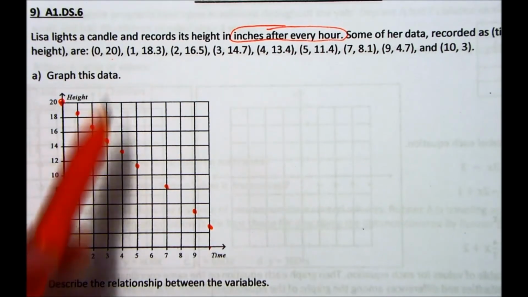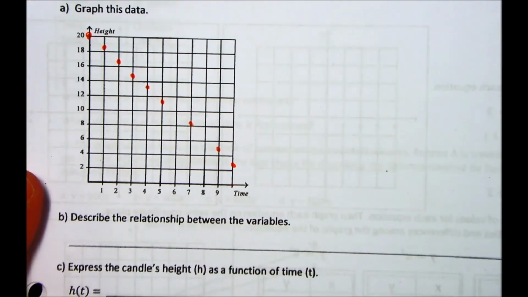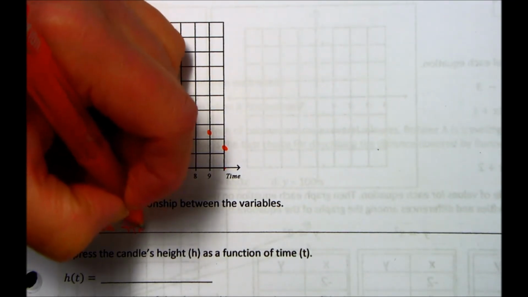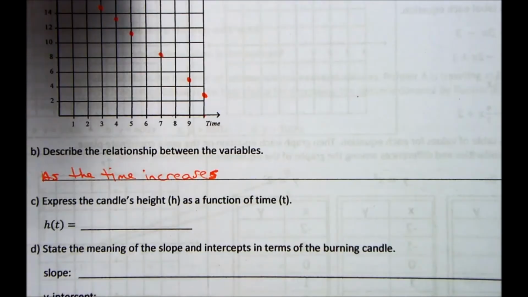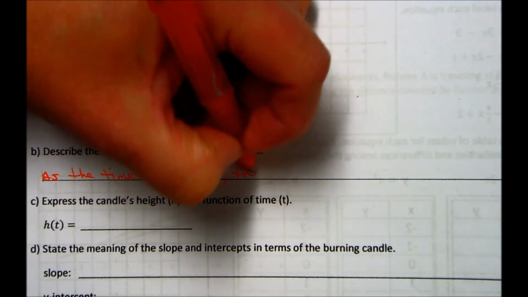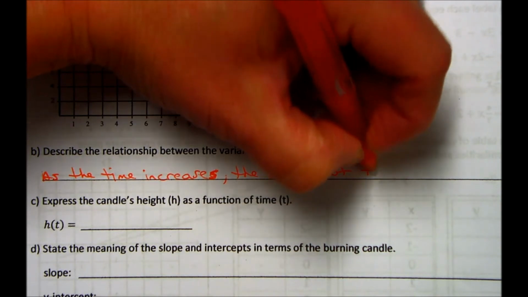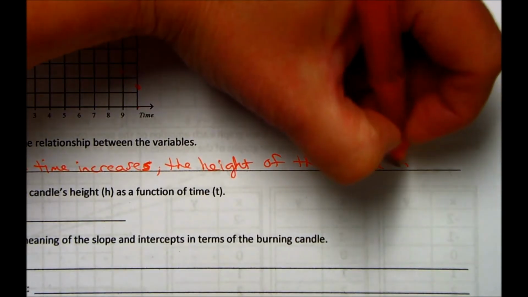So we could include the candle being lit, but I'm just going to keep it simple. So as the time increases, the height of the candle decreases.